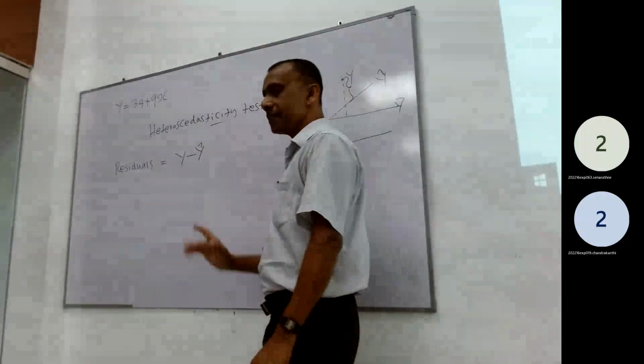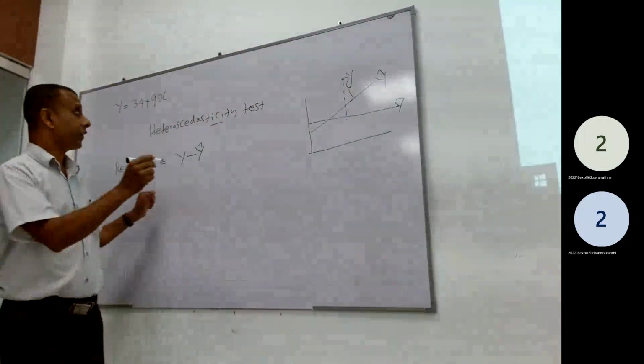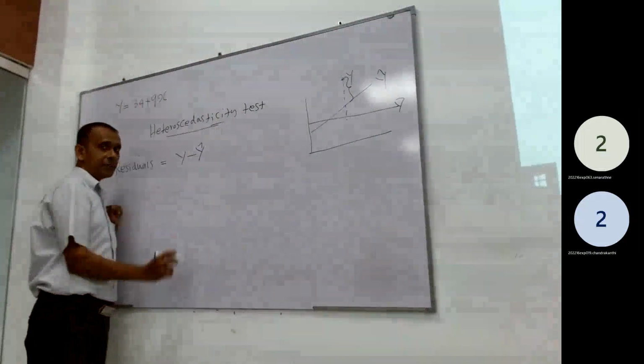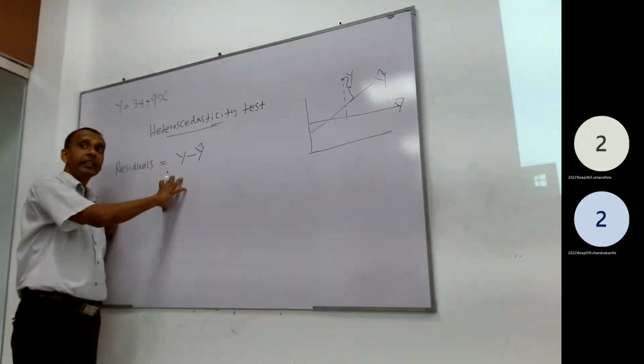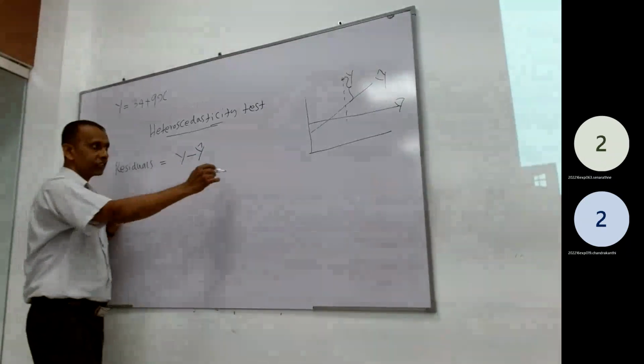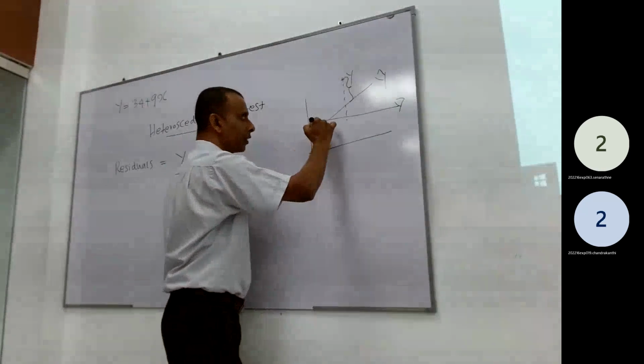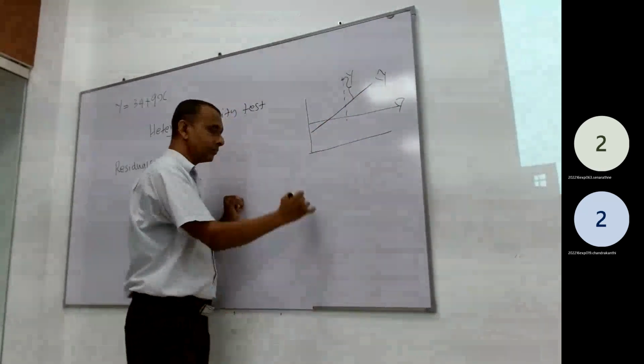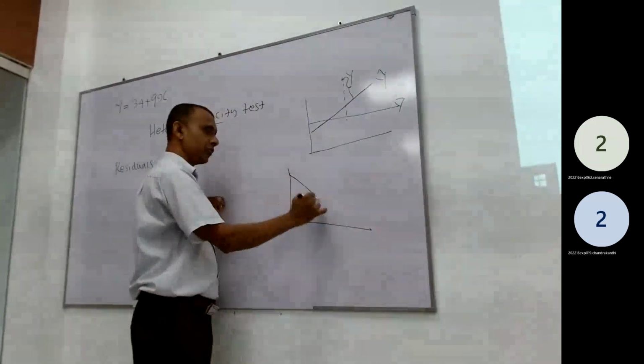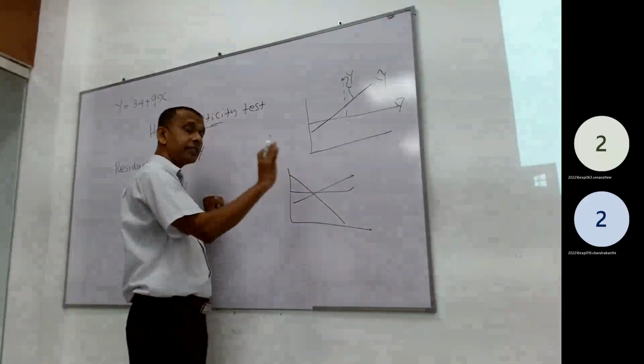The reason is that with heteroscedasticity, your linear model may change into a nonlinear model. When we construct our model, it is linear.